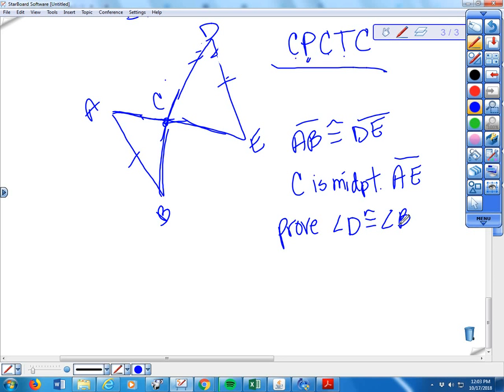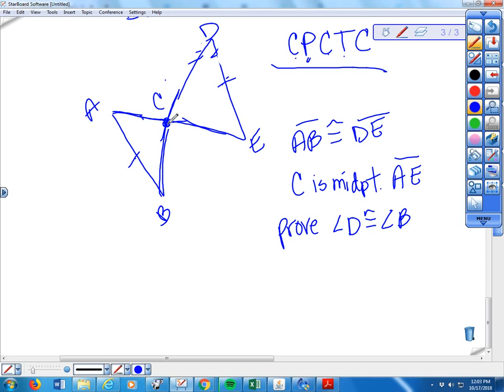Okay? I'm given these two triangles. I'm told that AB and DE are congruent, and I'm told that C is the midpoint of AE, even though the drawing doesn't look like it. Okay, before you even start a proof like this, talk yourself in your head through what you need to get to. Okay?